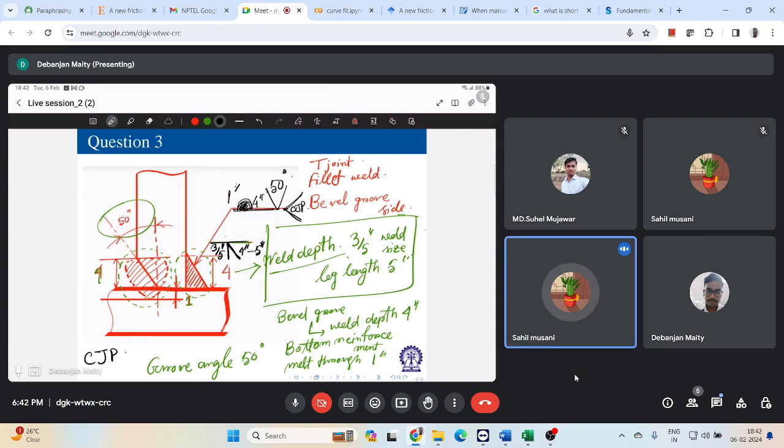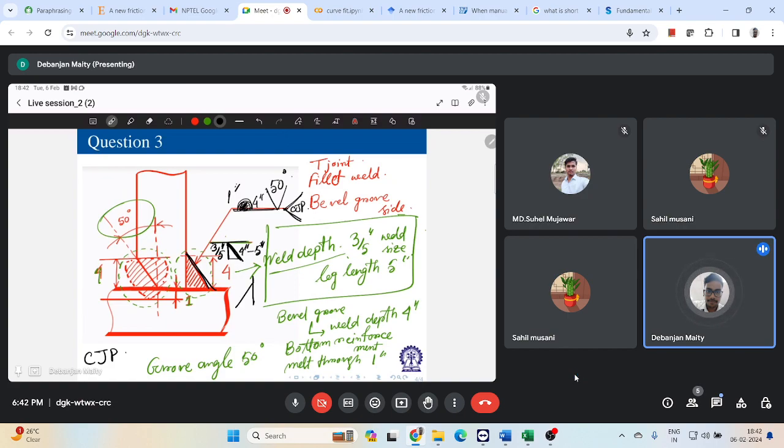Fillet, the fillet triangle. Okay, that's what I did, I think. So if my fillet is in this way, you have to put this line as this. If my fillet is in the other way, you have to put it like this.